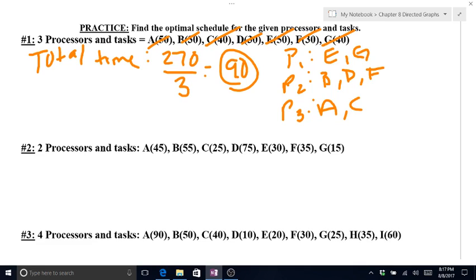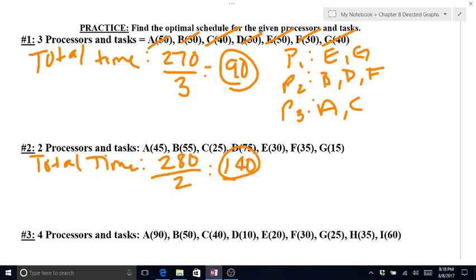Two processors and tasks. Again, we need total time. 280 divided by 2. Our goal here is 140 minutes. Processor 1, processor 2.